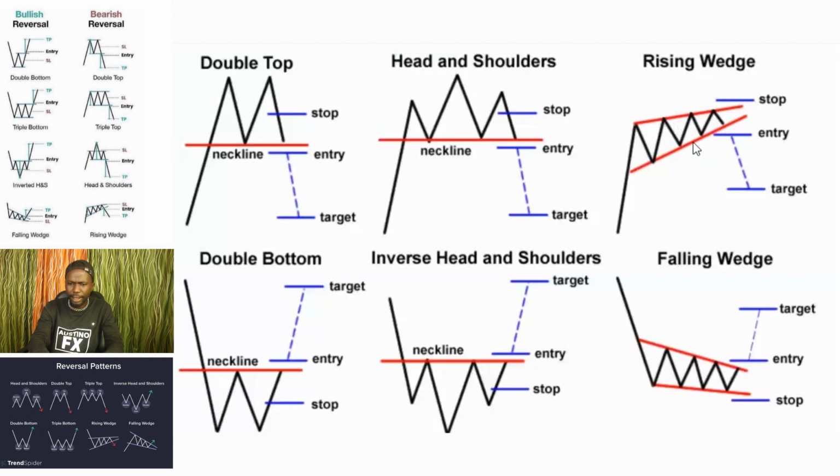Right now you have already connected the trend line at the lows, and you have connected the trend line at the highs. So what you are waiting for is for price to break below the trend line at the low, that is the support level. So if price eventually breaks below the trend line at the low, you wait for the candlestick that caused the breakout to close. You must wait for the candlestick that caused the breakout to close.